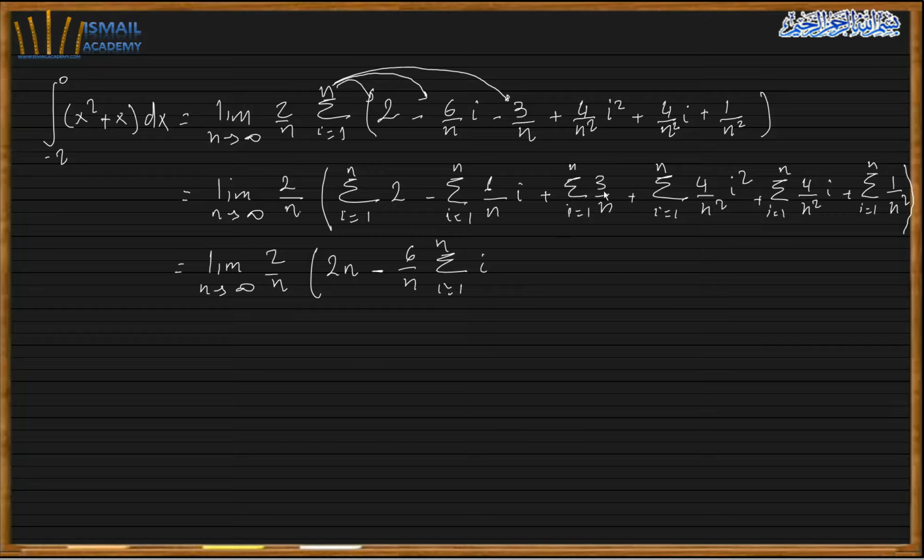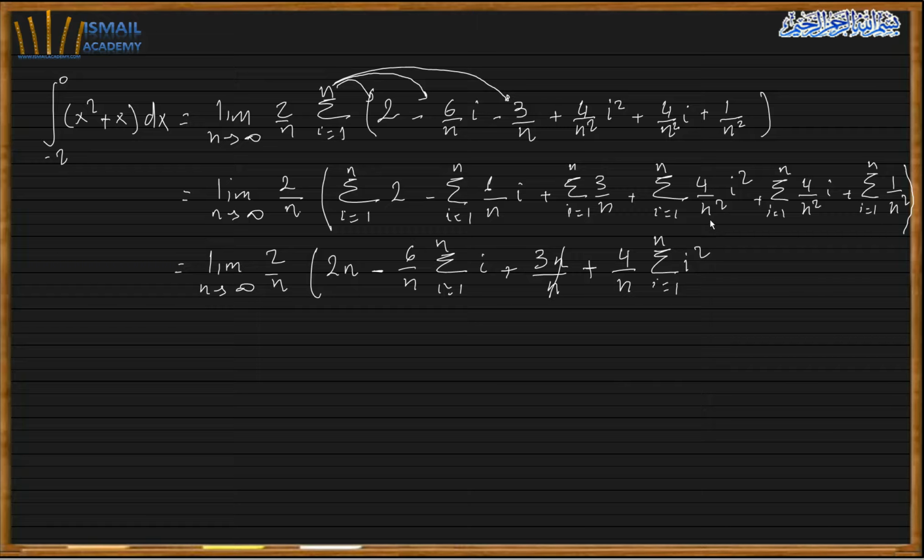The same thing here, this is 3 over n, a constant, and I can pull it out, but this is very simple. I just need to do 3 times n over n, so it's going to be 3n over n. I can simplify the n, plus here I will pull this constant out, so it's going to be 4 over n squared, sum of i squared.